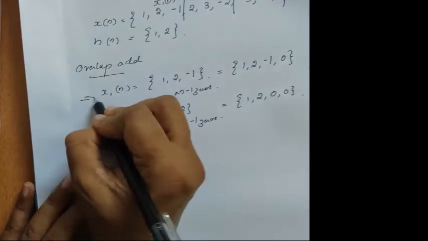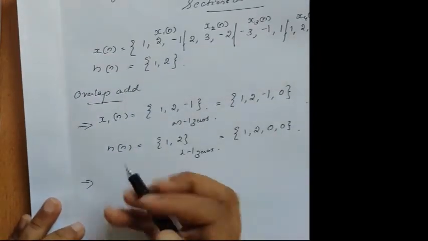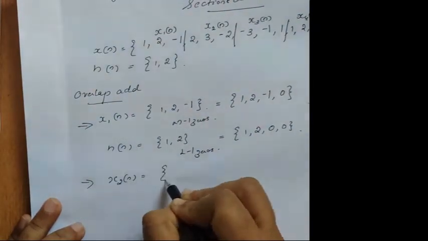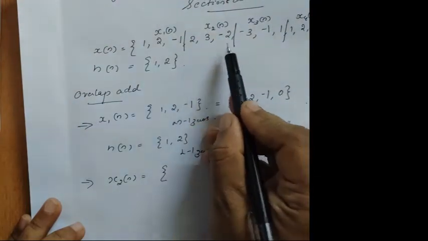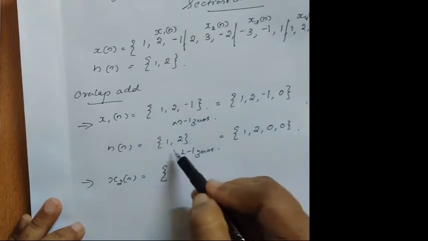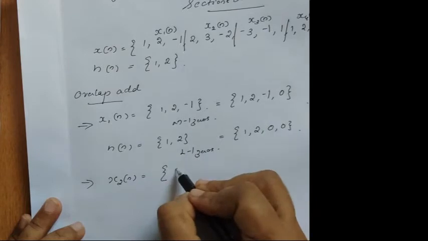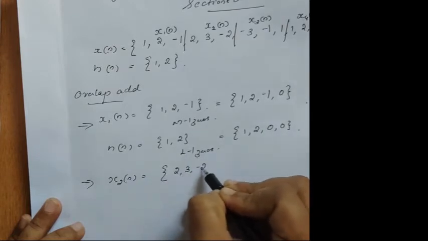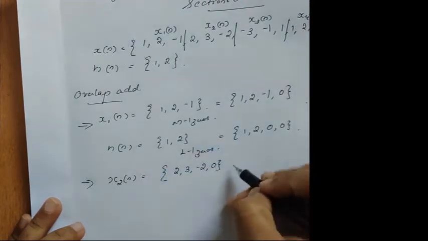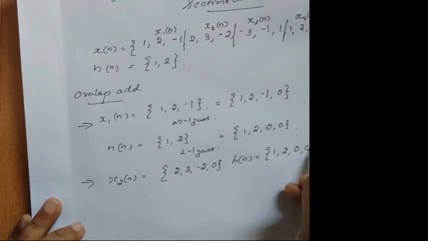We can do the same in the second step also. All this should be repeated in the 4 steps. x2 of n is equal to 2, 3, minus 2. Same, everything is divided by 3, so m minus 1 means one 0 should be added: 2, 3, minus 2, 0. H of n has no change, it is as such 1, 2, 0, 0.